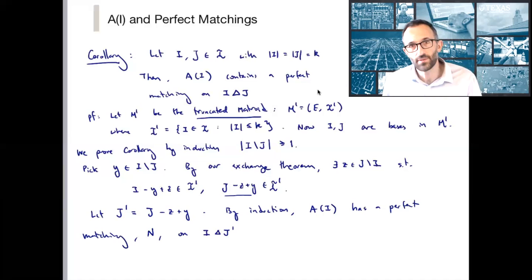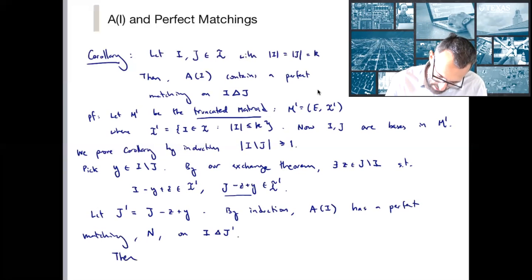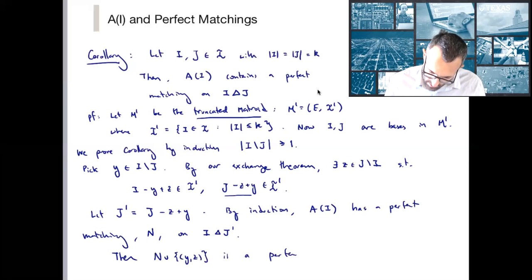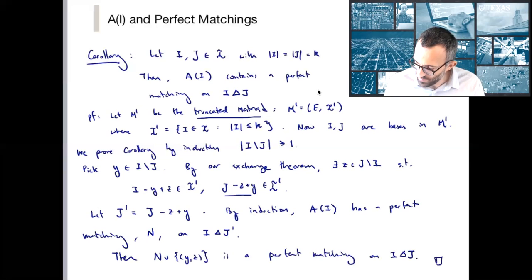But now we can extend this to be a perfect matching of I symmetric difference J just by adding in this edge that we already found, the edge yz. In other words, N union this edge yz is a perfect matching on the symmetric difference. And that's what we needed to prove.